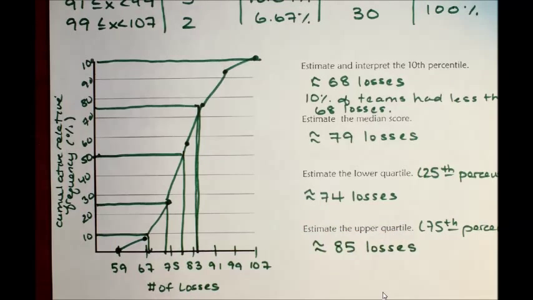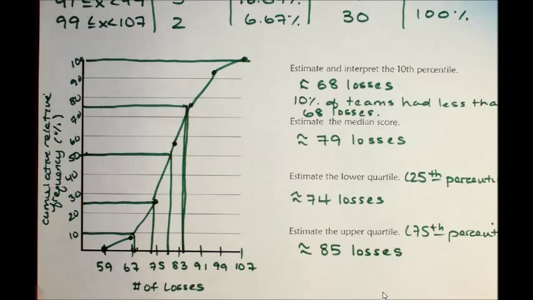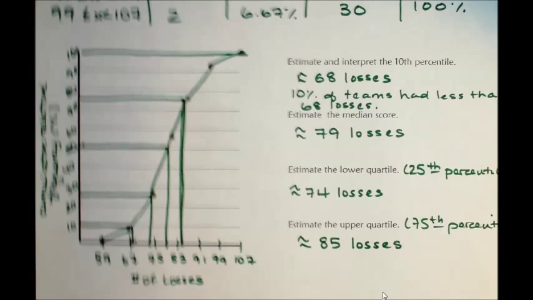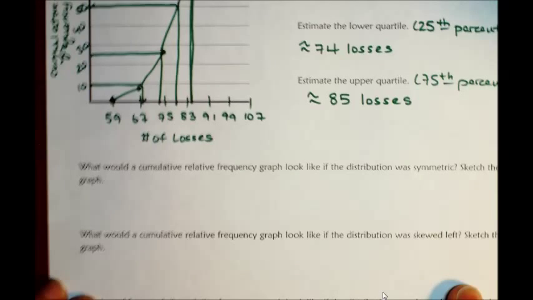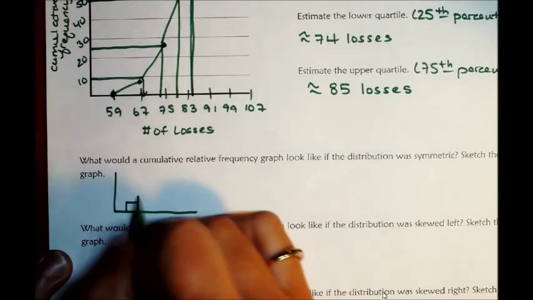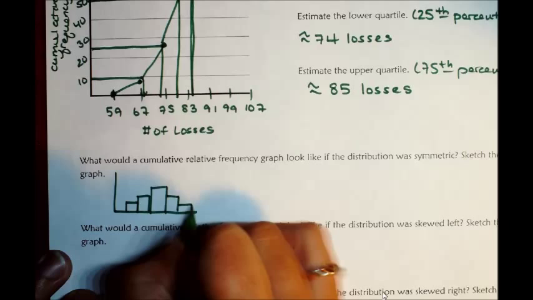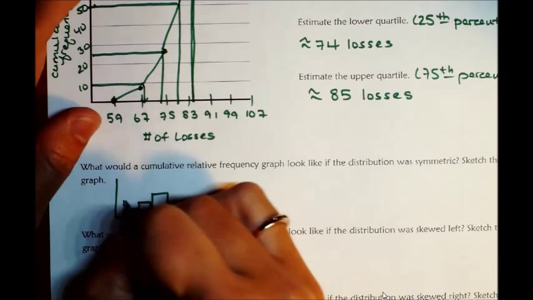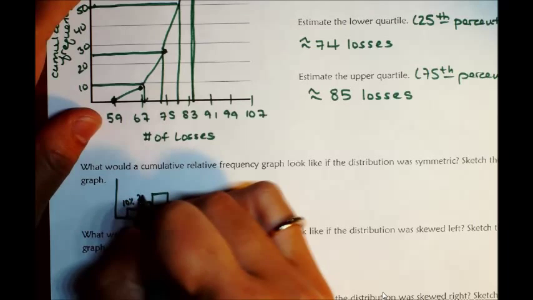So, I wonder what the cumulative relative frequency graph would look like if we had symmetric versus skewed data. If you have symmetric data, it would look something like this. Let's say that if we found the relative frequency, this could be 10%, this could be 20%, 10%, 20%. So that gives us 40, 60, so we'll make this 40%.